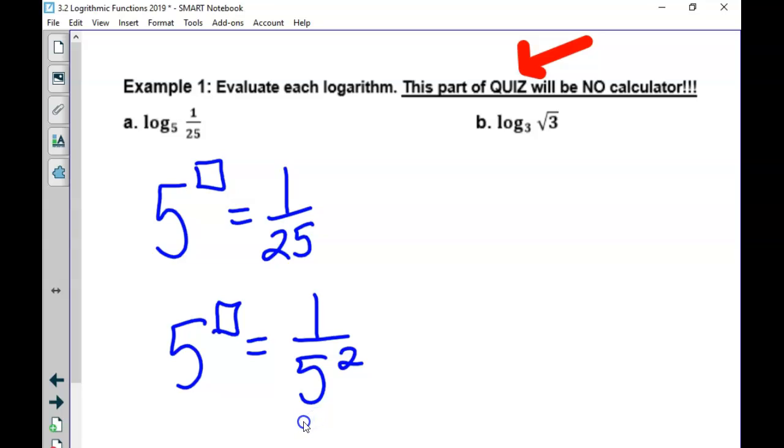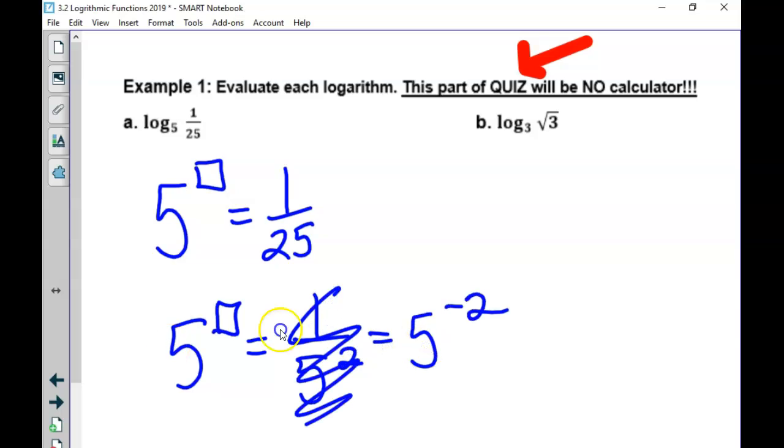To the what? Negative power. Yes? So this is really 5 to the negative 2. Everybody okay with that? So what's our little answer here? The little box has to be, okay, so we're asking, what is this power of 5? And that is negative 2.